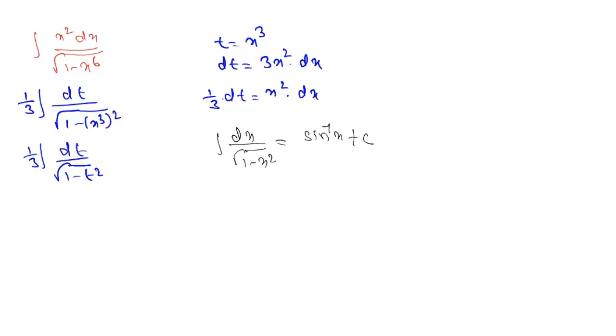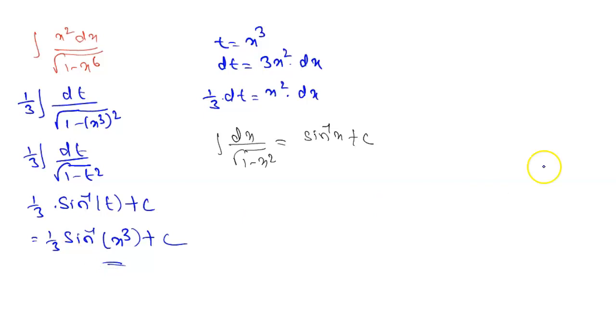Applying that formula we get 1 by 3 into sine inverse of t plus c, but t value is how much? x cube, right? So it is equal to 1 by 3 into sine inverse of x cube plus c, which is our answer.